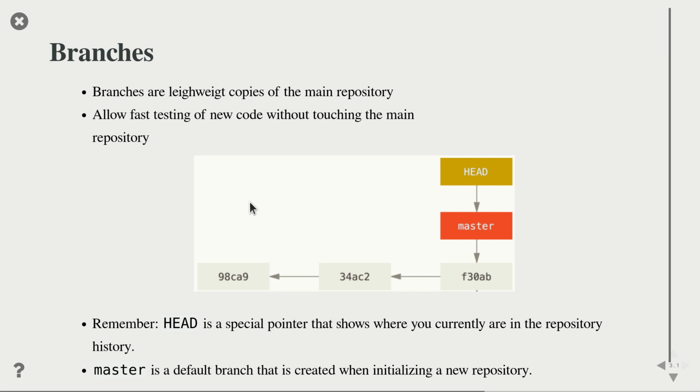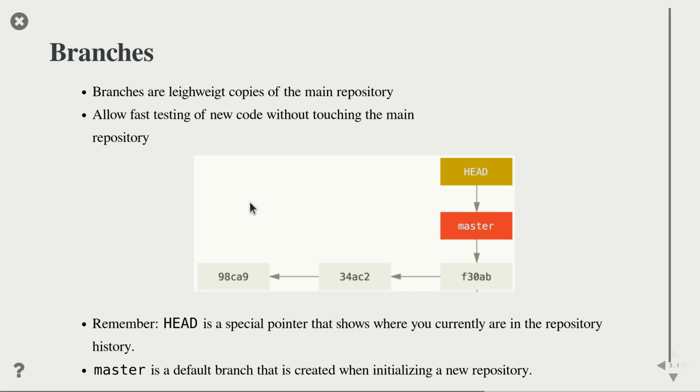So in simple words, branches are lightweight copies of the main repository that you can play with. A common scenario is that you use them for testing new code without having to touch the main repository. Conceptually, I think the easiest way to understand it is to understand how it works behind the scenes.